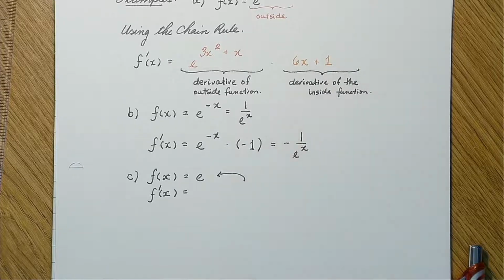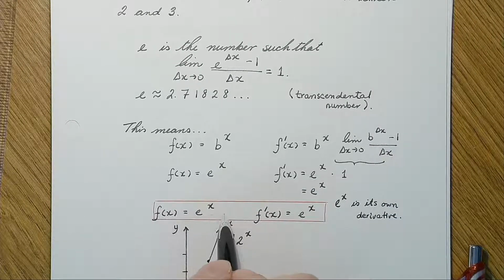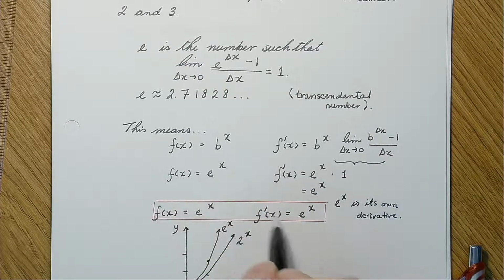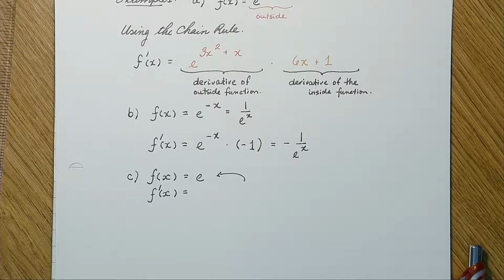So again, there is a difference between the function e to the x, which itself would be its derivative, and then the function itself here, which is just the function e, which is just a number.